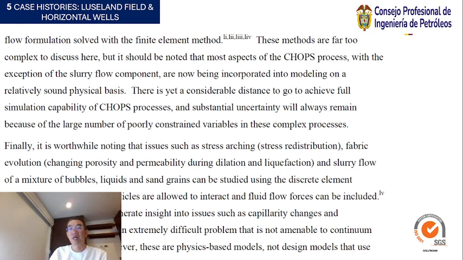These methods are far too complex to discuss here, but it should be noted that most aspects of the CHOPS process, with the exception of the slurry flow component, are now being incorporated into modeling on a relatively sound physical basis. There is yet a considerable distance to go to achieve full simulation capability of the CHOPS process.